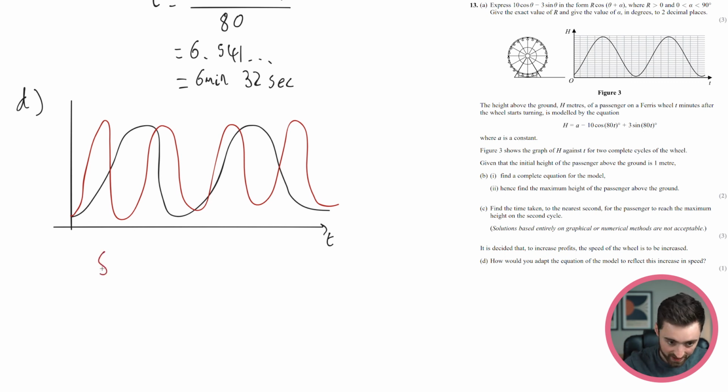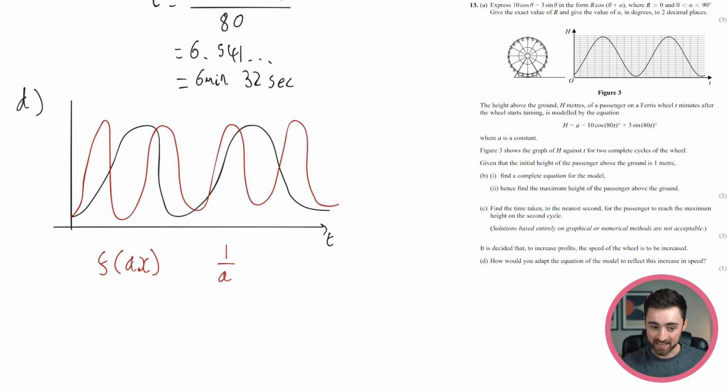Essentially, if I have f of ax, this is a stretch in the x-axis with scale factor 1 over a. So basically, if I increase this value of a, it's going to be squashing the graph in horizontally more. So the thing that corresponds to that is that a t inside the cos and the sine, isn't it?